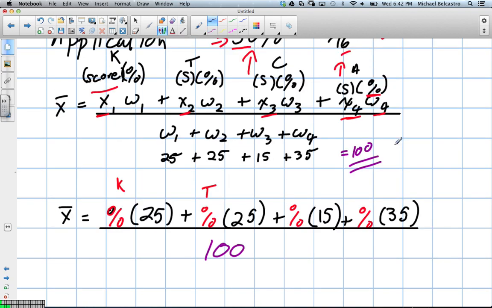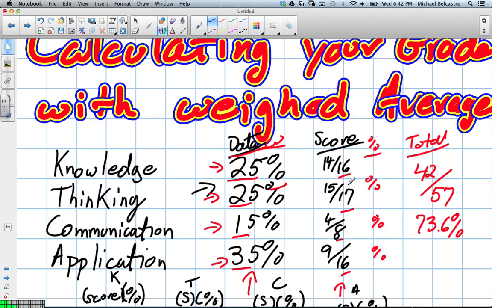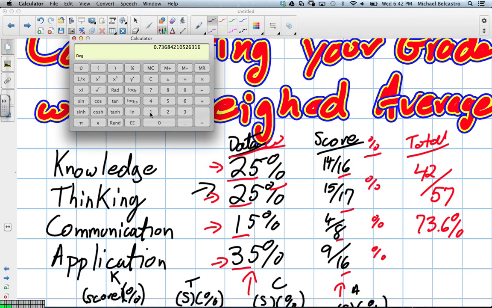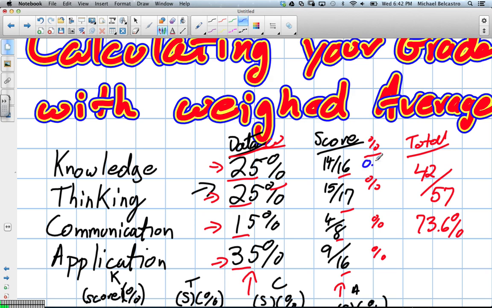So let's actually figure out what our percentages are. What is 14 out of 16? That one was 87.5, so 0.875. What's 15 out of 17? 88.2.